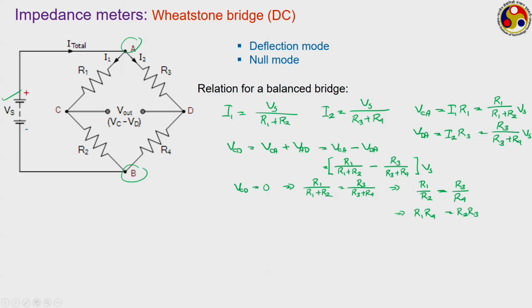Look, R1 and R4 are opposite to each other, this is R1, this is R4, whereas R2 and R3 are opposite to each other. So the products of the opposite resistances will be equal to each other to have the balanced condition.